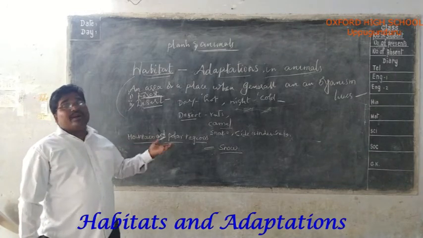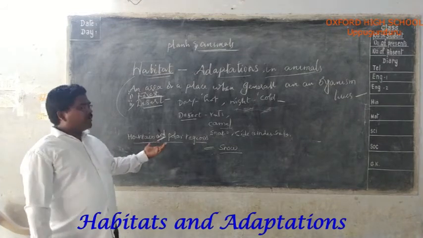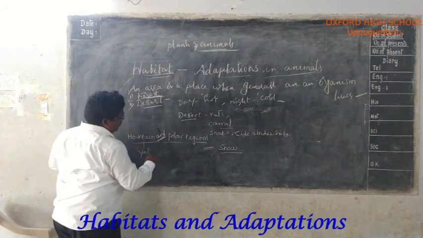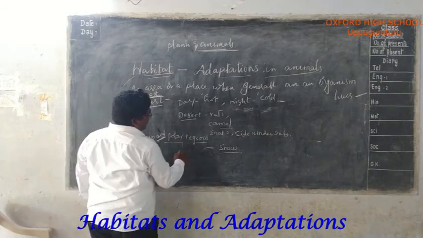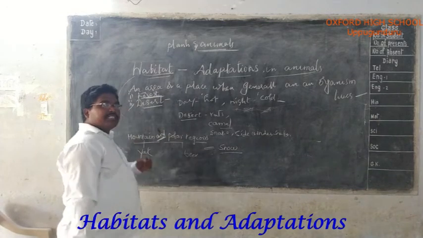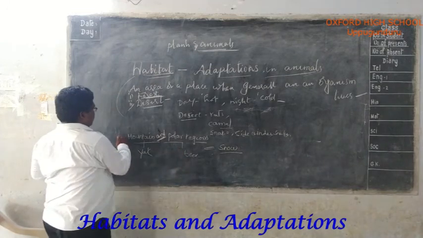So fewer organisms are present in these places. In the mountains you can see the yak. In polar regions you can see the polar bear. These are the organisms that live in the mountain and polar regions.